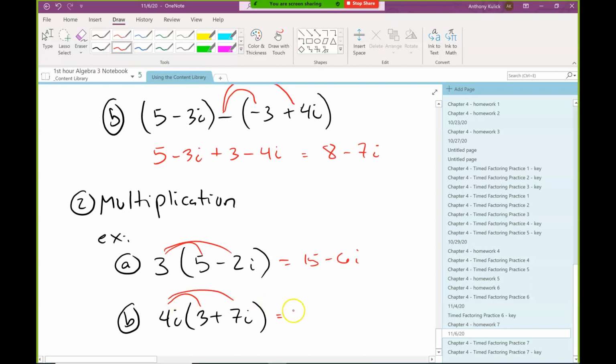So 4i times 3 is 12i, and 4i times 7i is 28i squared. But what does i squared mean?